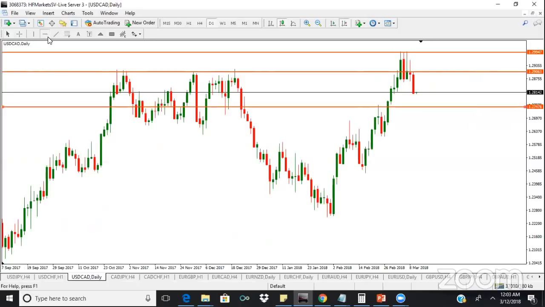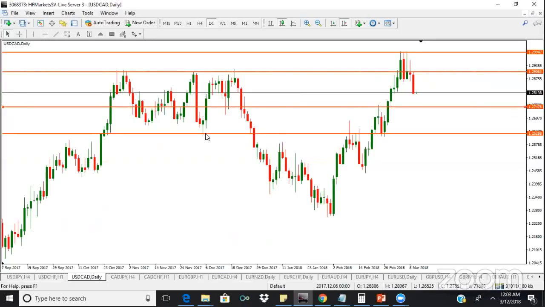The next major is here. You can see that. So after drawing this on your daily, the next thing you want to do is your trend line. So I'm expecting a pullback. Why? This zone has been broken.